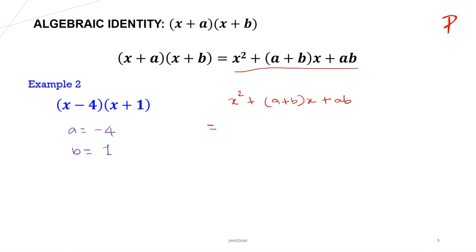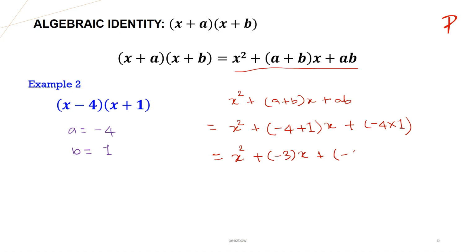Now let us replace a and b with the values we have, that is x² + (−4 + 1)x + (−4 multiplied by 1), right? So this is going to be x² + (−4 + 1), which is −3x, plus −4 multiplied by 1, which is −4.